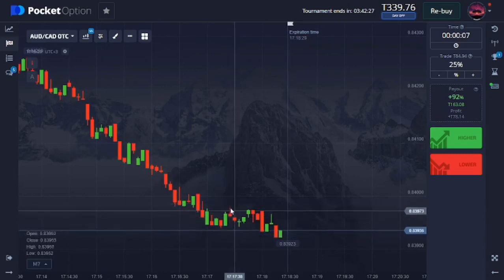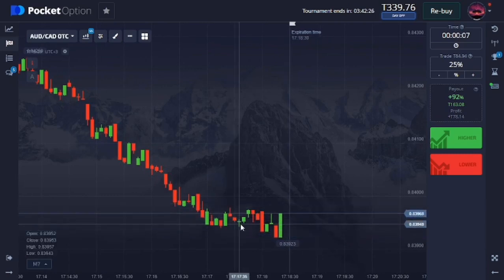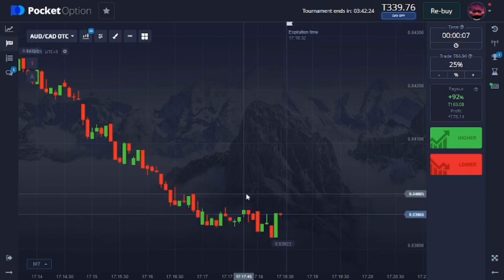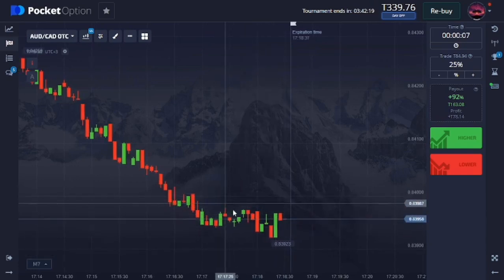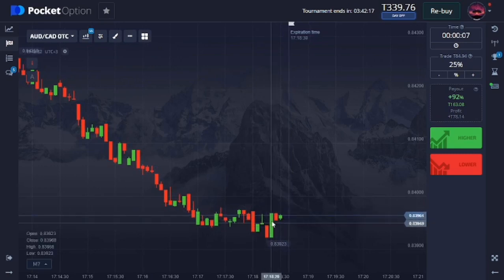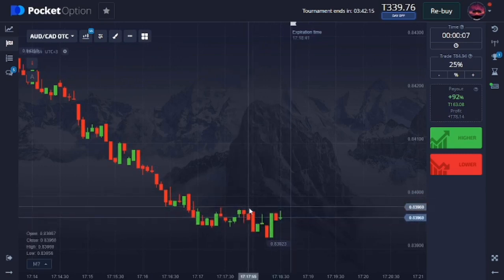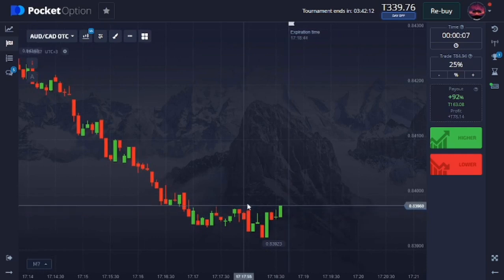Then there will be another swing low. This swing high will be broken by a huge candle like this one, and then this candle will make a gap.